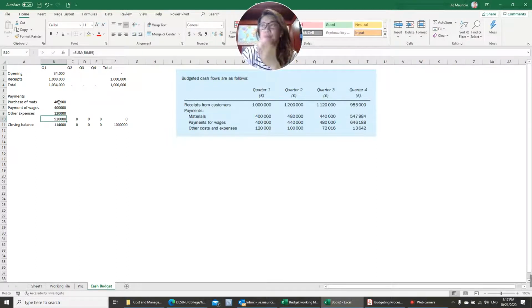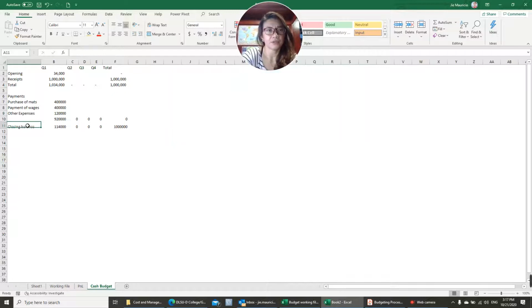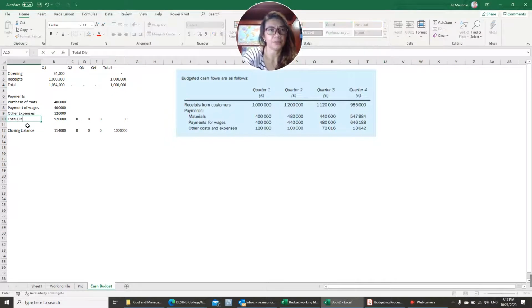So it's quite simple. It already showed here, so your total payments. Some call it payments, some call it disbursements. Okay.